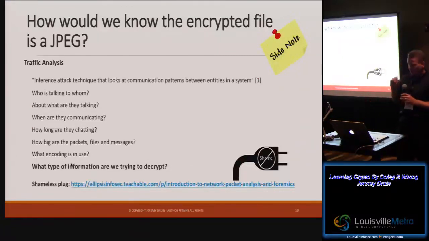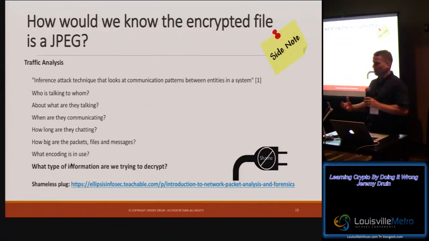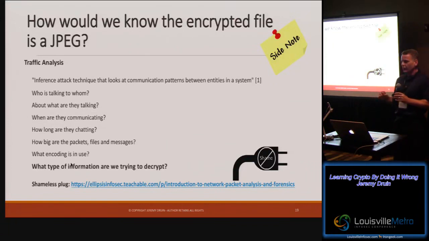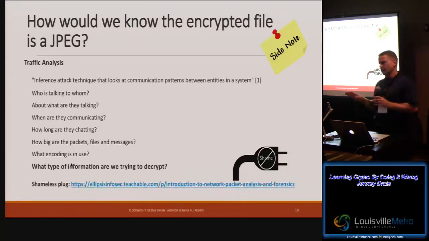So a quick side note. One of the things we're not really talking about much is how you would know that the encrypted information is English email, or a picture in JPEG or PNG or another format. Well, that is the realm of meta-analysis or traffic analysis. In that, you're very interested in who's talking to whom and what they're talking about, the context of the situation.